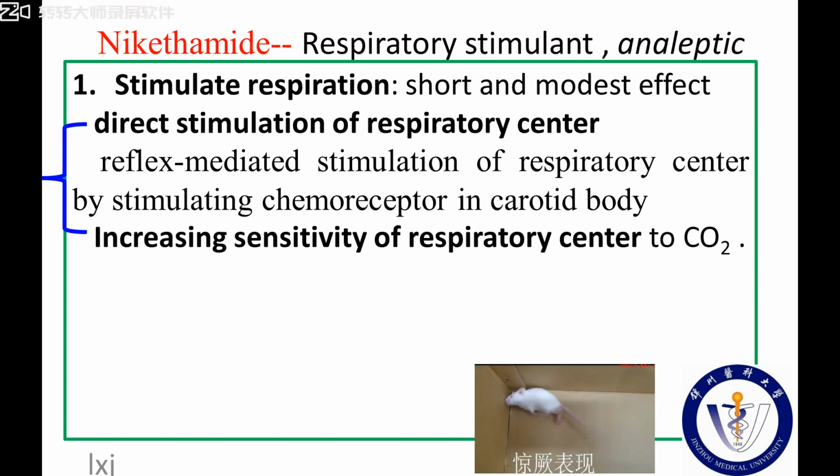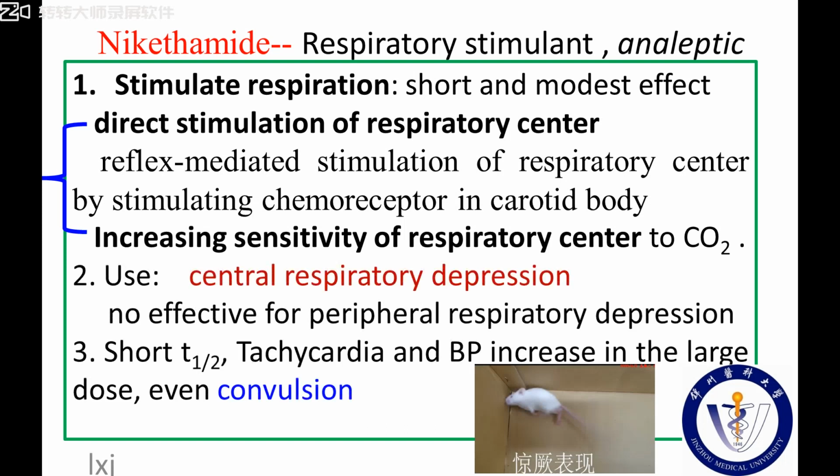At the therapeutic dose, based on this effect, nicotinamide in clinical practice is mainly used to treat central respiratory depression caused by some disease, such as cardiac disease, or caused by some drug toxicity, like morphine.